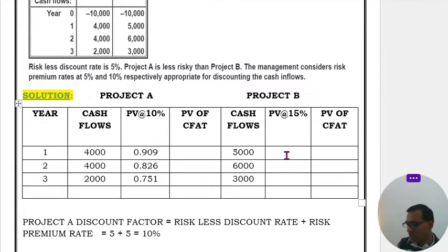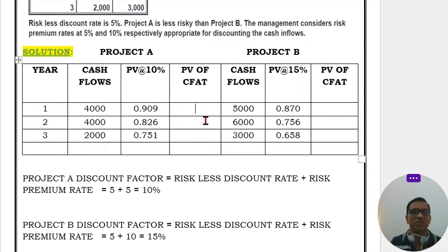And I want table values, PV at the rate of 15%. The 15% table values are first year 0.870, second year 0.756, third year 0.658.